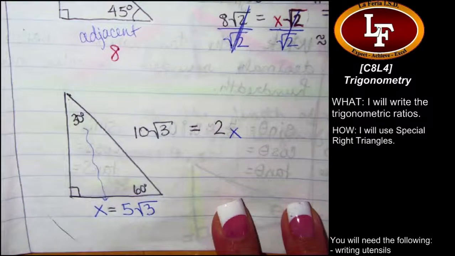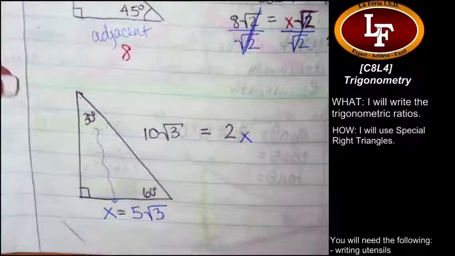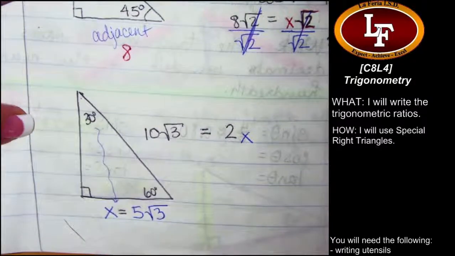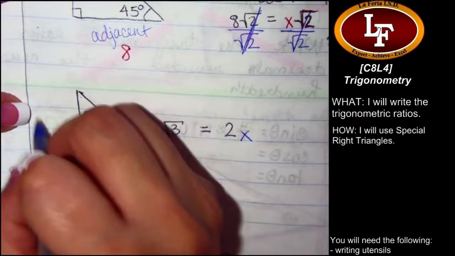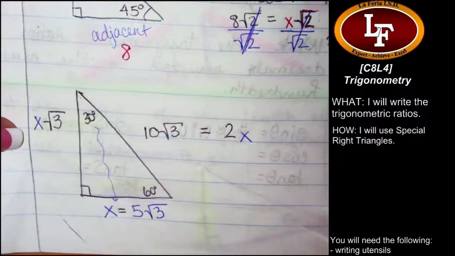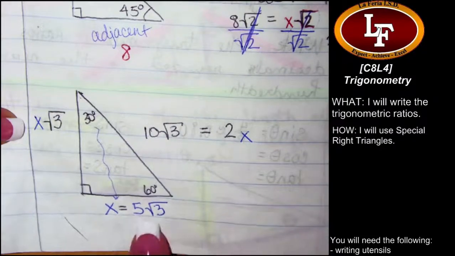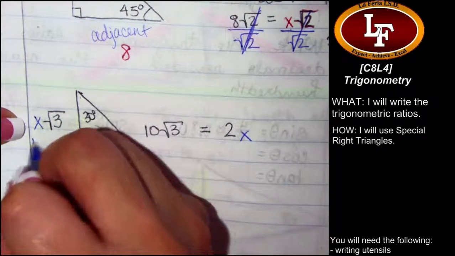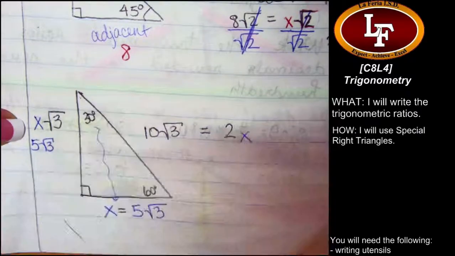Make sense? All right. According to your reference table on top, what is the measurement of the side across from the 60? X times the square root of 3. What is the value of x? 5 times the square root of 3.